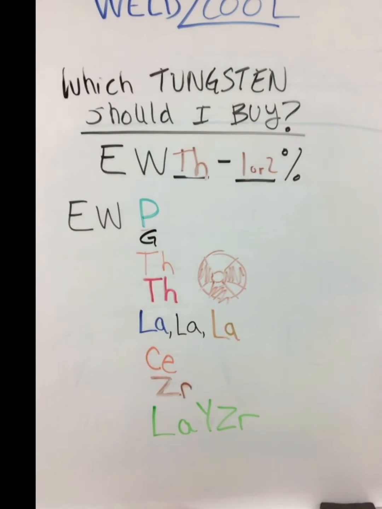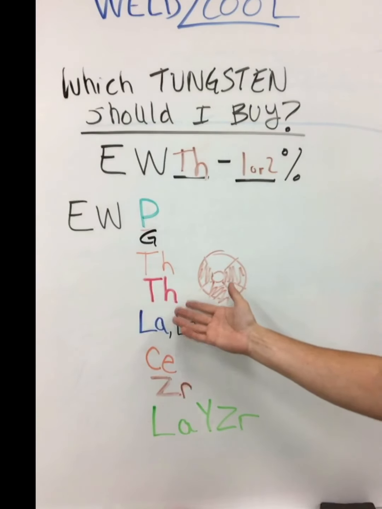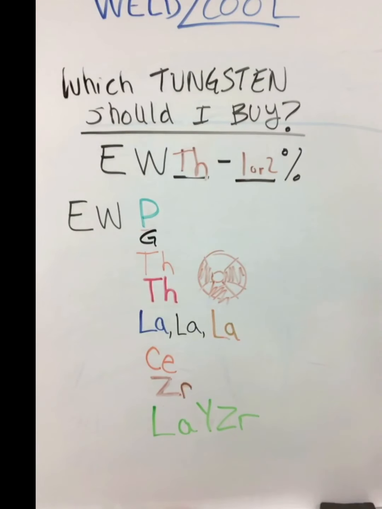Some of the manufacturers have actually stopped making these because of the mild radioactive material that can get up into the air as you're grinding it. But a lot of the old timers say 2% thoriated is the ultimate.